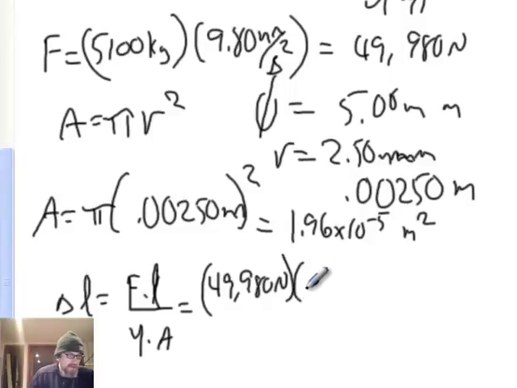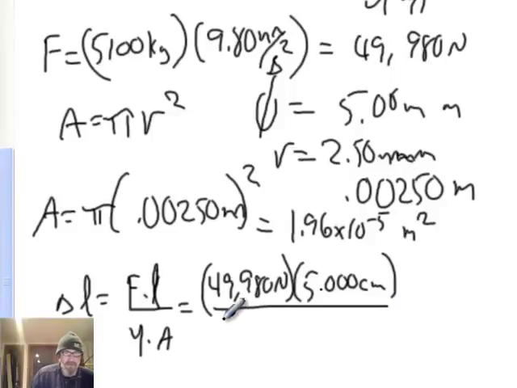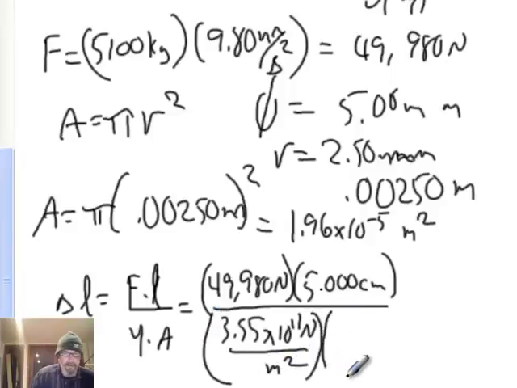The length was 5.000 centimeters. Young's modulus was 3.55 times 10 to the 11th newtons per square meter, and the area we just calculated is 1.96 times 10 to the negative fifth square meters.